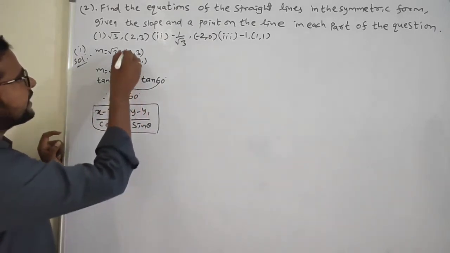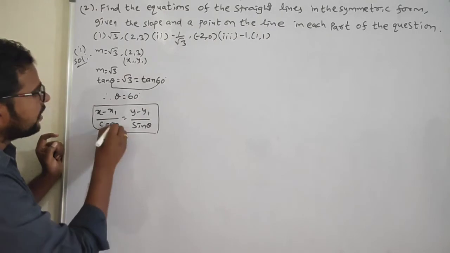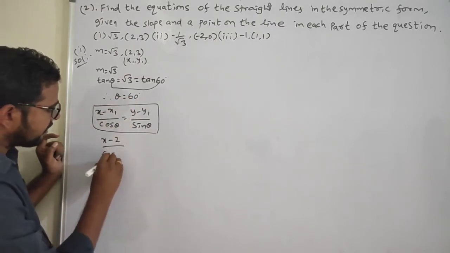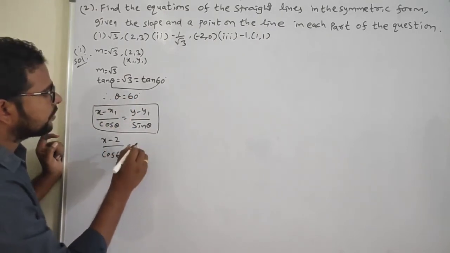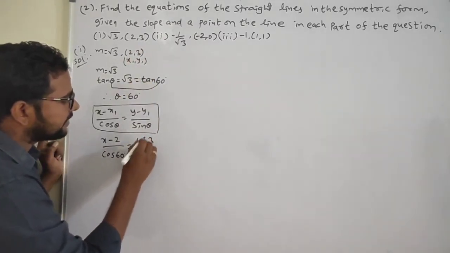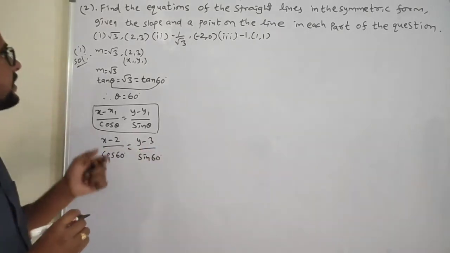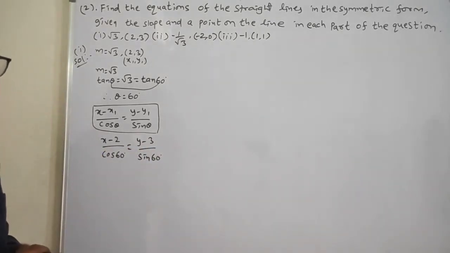So x minus x1 is 2 by cos 60 degrees is equal to y minus y1 is 3 by sin 60 degrees. This is a symmetric form of a line.